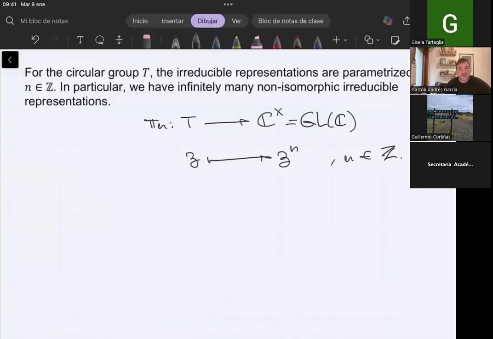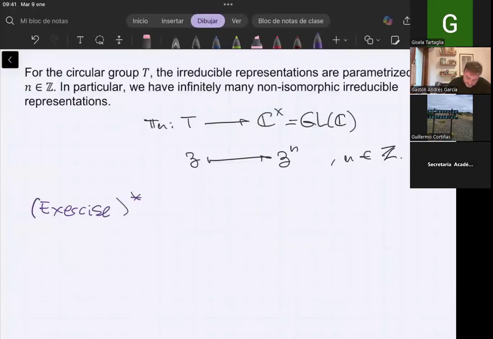I showed you that if the one-dimensional representations are different, then they are non-isomorphic. So in this way, we get infinitely many one-dimensional representations which are irreducible for the circle group. The difficult thing to prove is that all one-dimensional representations are like this. So this is an exercise. It's not so difficult, but it has a lot of details.